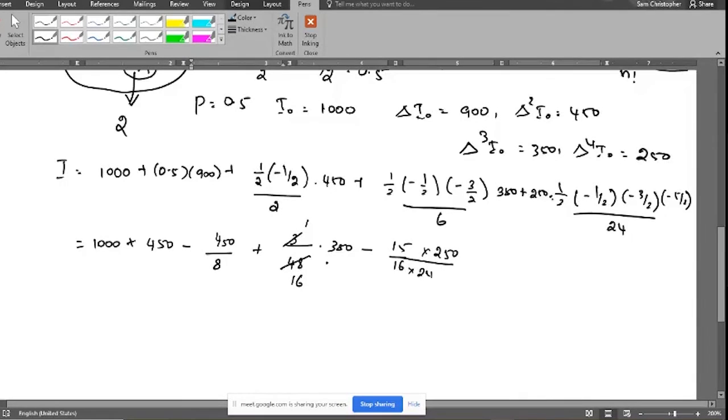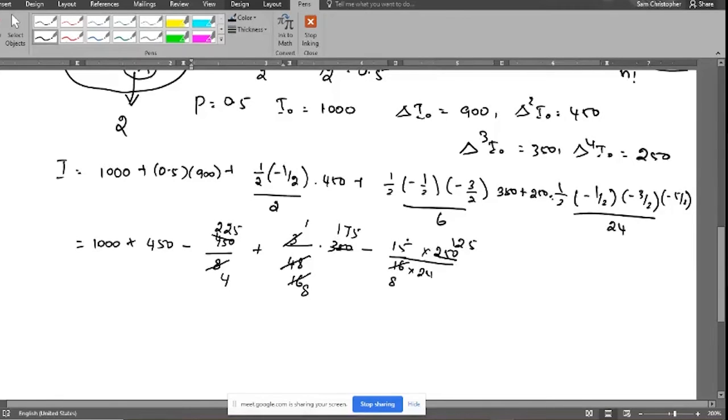I think it won't. 2 8s are 275. 4s are 225. 2 8s are.